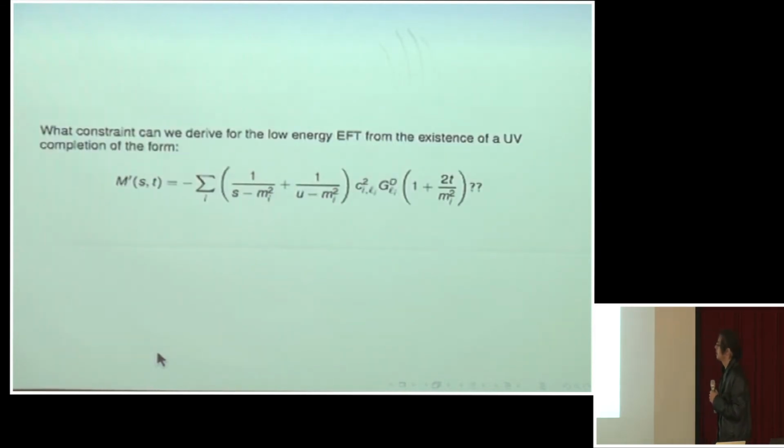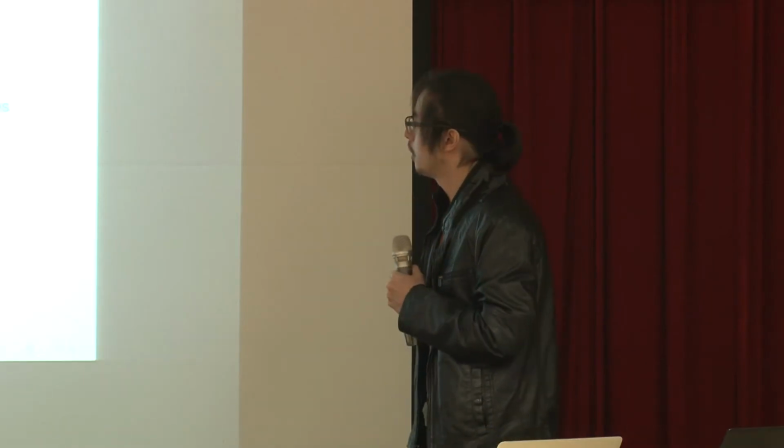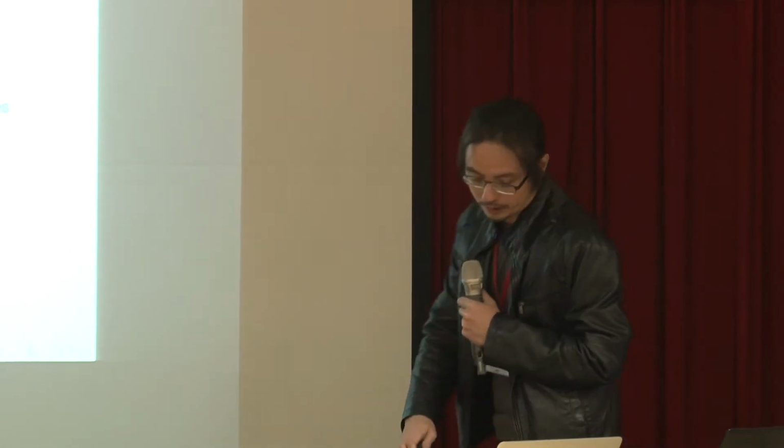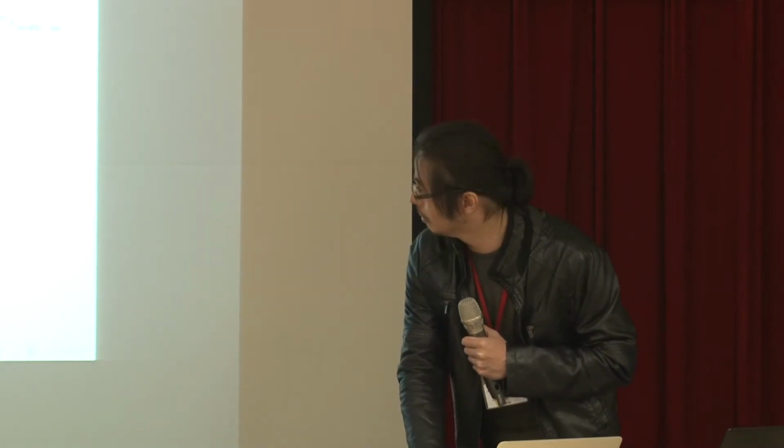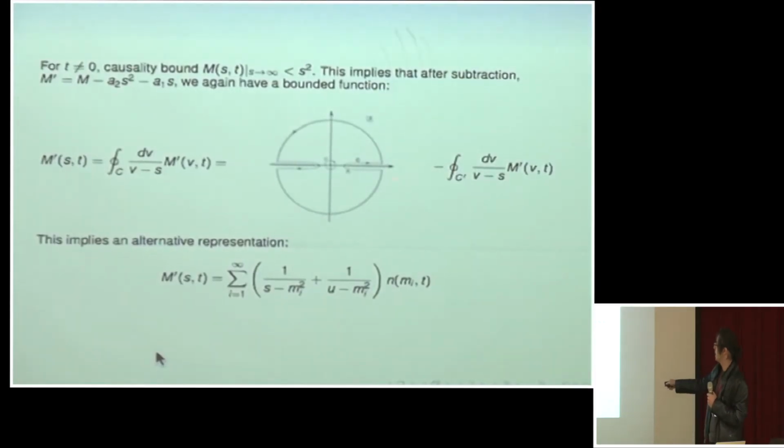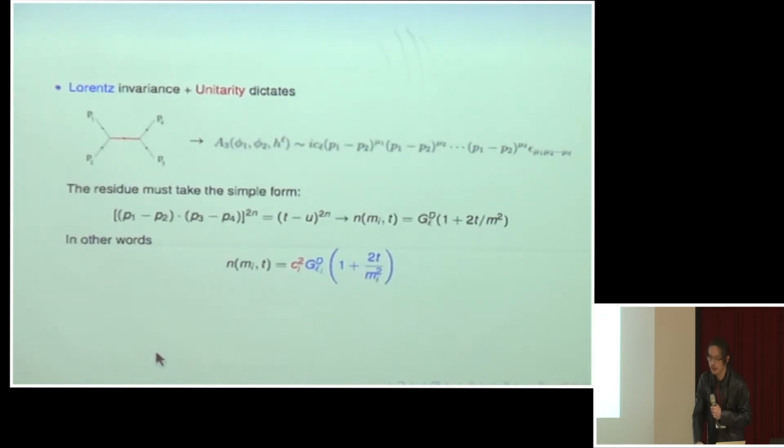So the question now becomes, what constraint can we derive for the low energy effective field theory from the fact that it has a UV completed form that takes this form? So what does this form imply for low energy? Well, first of all, a side note: because I'm relating the S and the U channel residues together, I'm really considering a case where I'm organizing my states such that I have this SU symmetry.